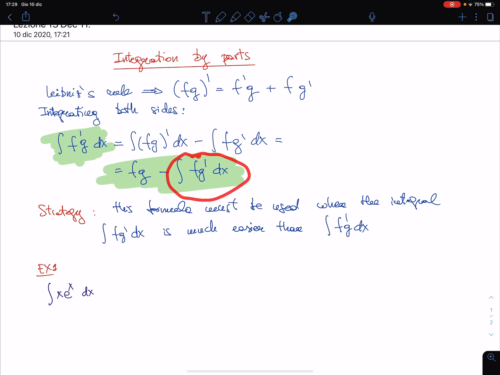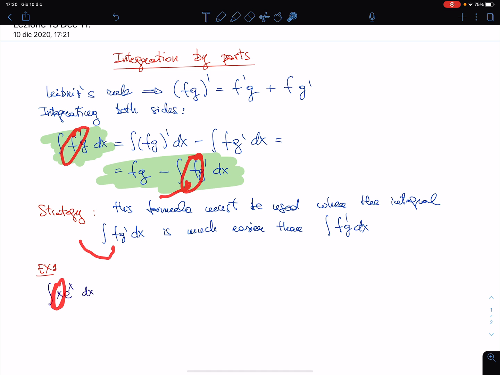At the beginning one can proceed by chance, but one can try to reason in this way. If x is taken to be f', then we want to integrate it, so we end up with x squared, which is worse than x.